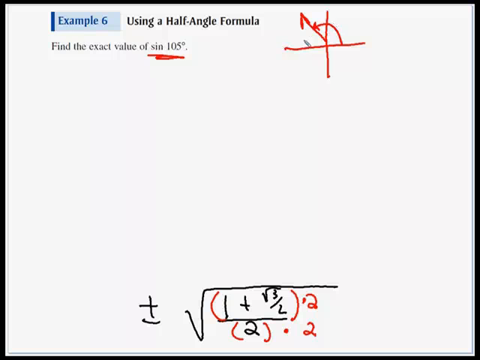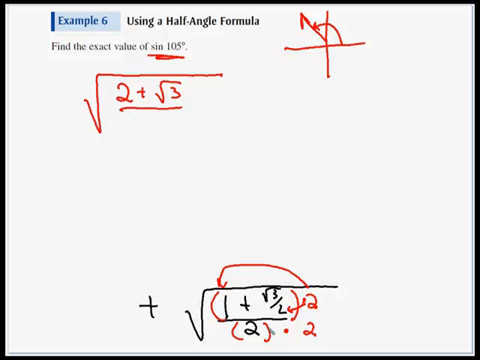Sine values are y values, so we would be positive in this quadrant. So we can also throw out the negative sign. We know where we're located. So to multiply through by the 2, in the numerator, 2 times 1 is 2, plus this 2 will take out the denominator 2, and that will just become a square root of 3. And then our denominator is 2 times 2 is 4.